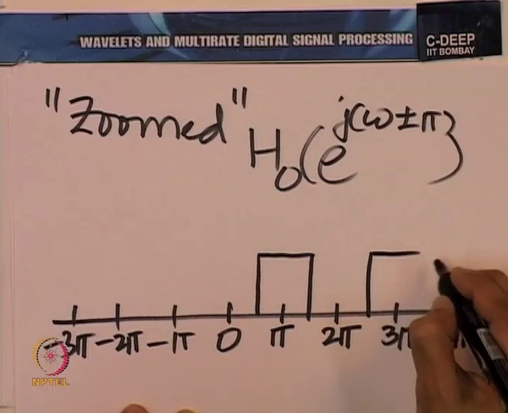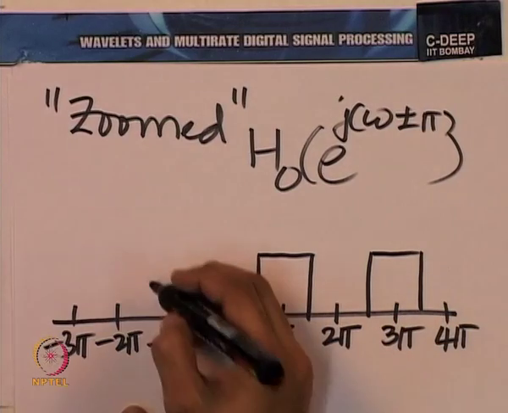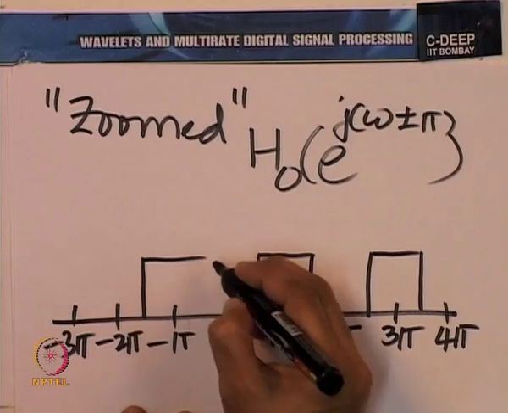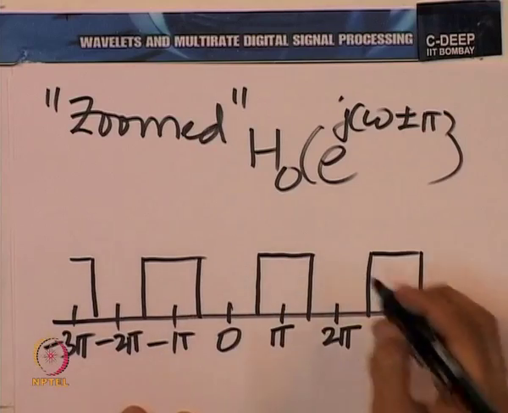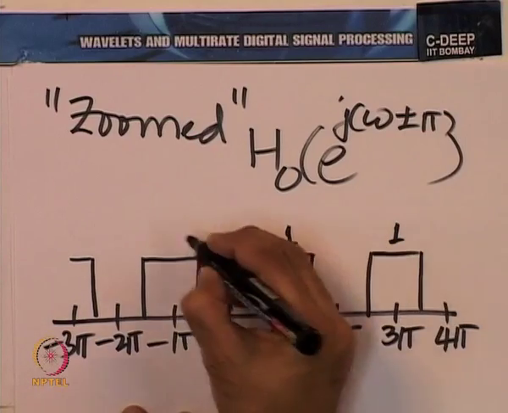These pass bands, so to speak, are now going to lie at the odd multiples of pi, and you can continue that drawing.